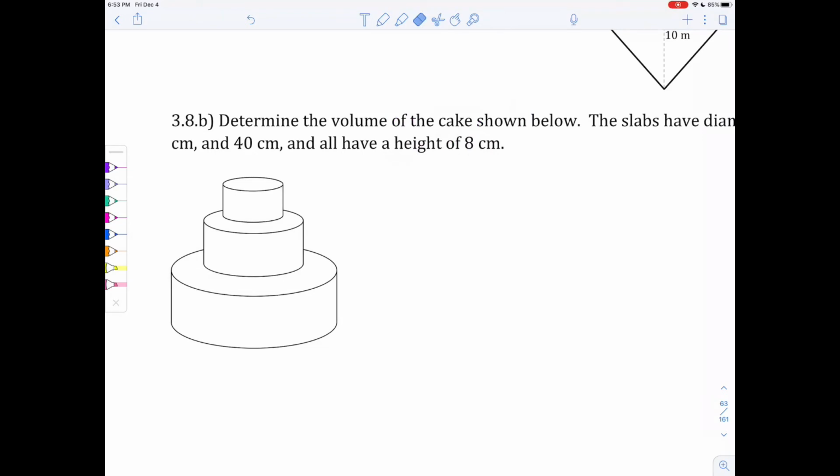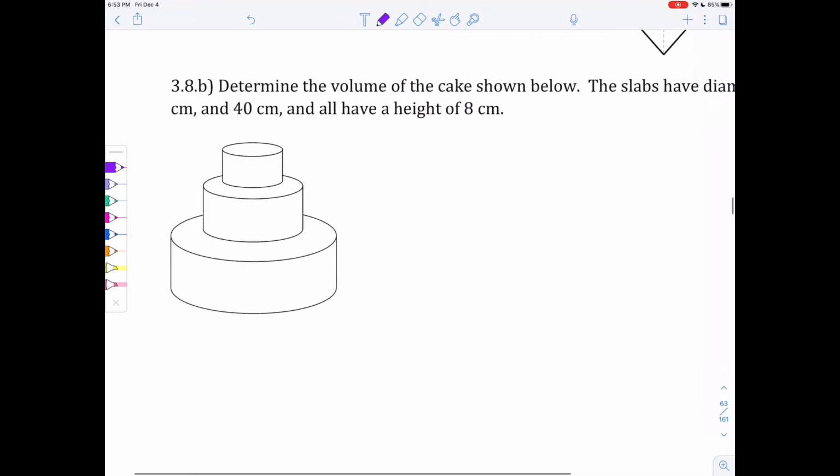That's fine. So, all of these things have a height of 8 centimeters. So, this is 8 right here. This is apparently also 8. And this is apparently also 8. Apparently this thing is not drawn to scale. That's my bad.